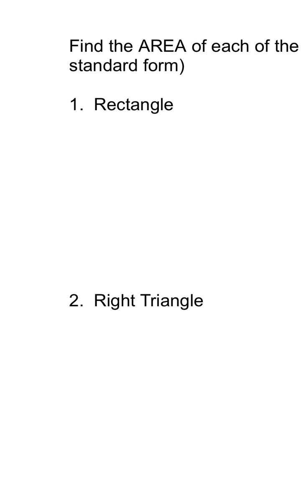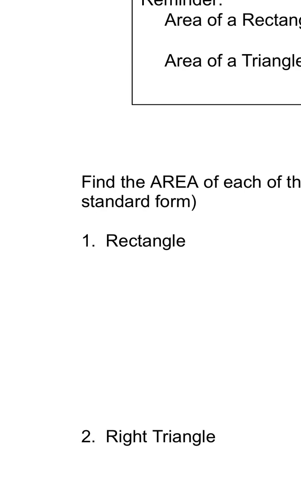So let's go ahead and do number 1. We have this rectangle and we have the sides here. What's the area of a rectangle? What's the formula? A equals base times height, or length times width. It's the same thing, and length times width is probably more what we're used to hearing.